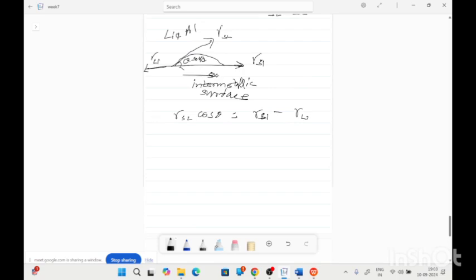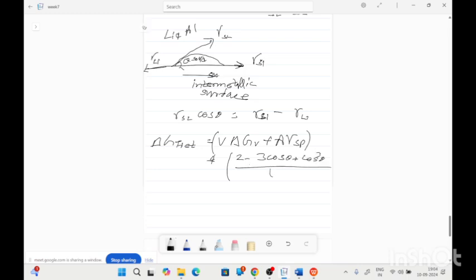That can be further written as delta G heterogeneous equal to V delta GV plus A gamma SP, the surface energy of the solid particle interface, multiplied by an angle term, that is 2 minus 3 cos theta plus cos cube theta divided by 4.